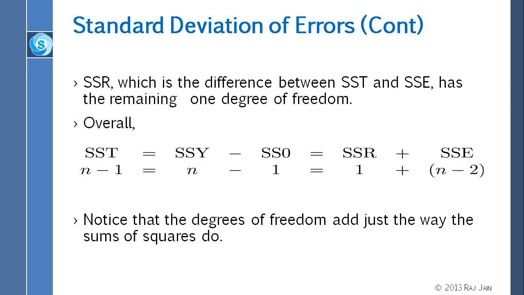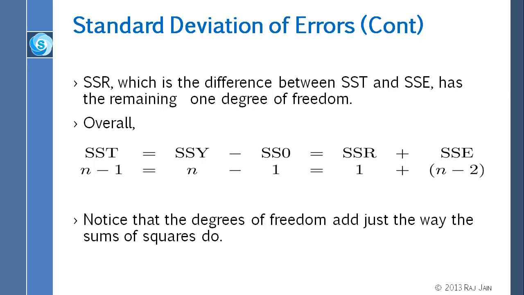SST has n minus 1 degrees of freedom, because to calculate SST you need the variance. SSY has full n degrees of freedom, because you don't need anything to calculate SSY except the n values. SS0 has 1 degree of freedom, SSR has 1 degree of freedom, and SSE has n minus 2 degrees of freedom.